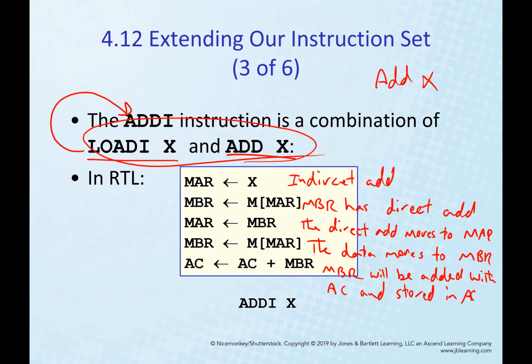I would say add indirect X is equal to these two lines of instructions: load IX, add X. If we combine these two instructions, the output is the same as add IX. Any question?